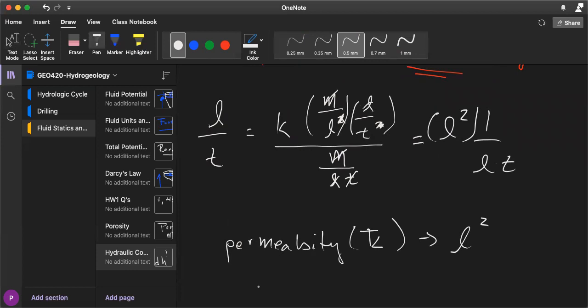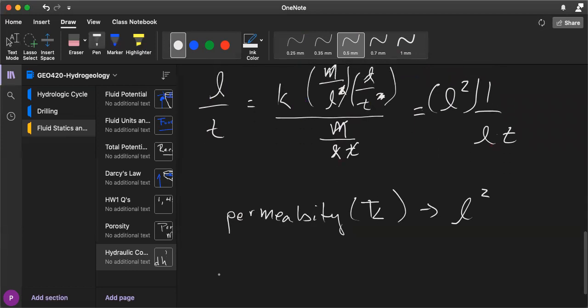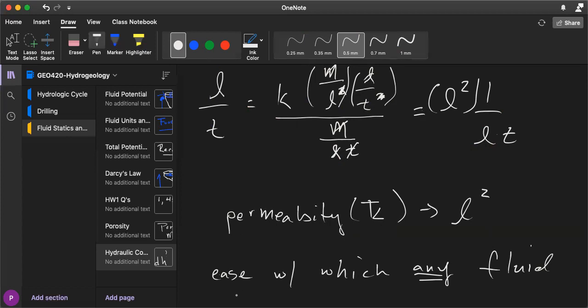And this is the measurement of the ease with which any fluid moves through the media. So hydraulic conductivity is specific to water. We need to remember that. And intrinsic permeability is the ease with which any fluid moves through the media.